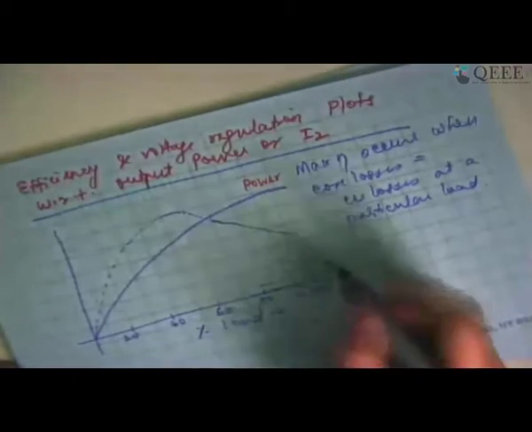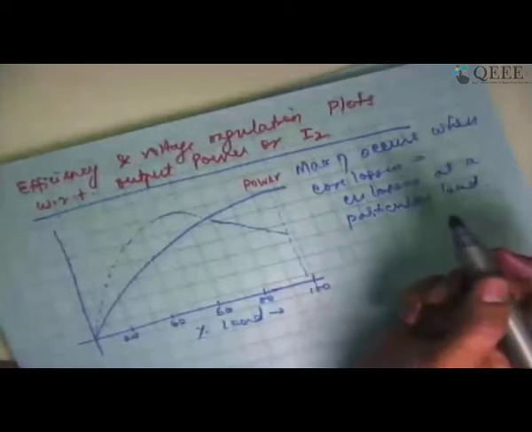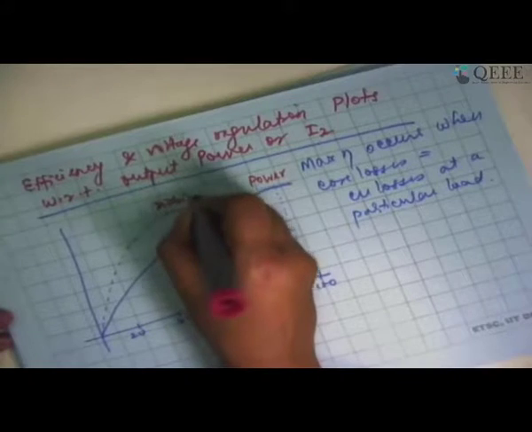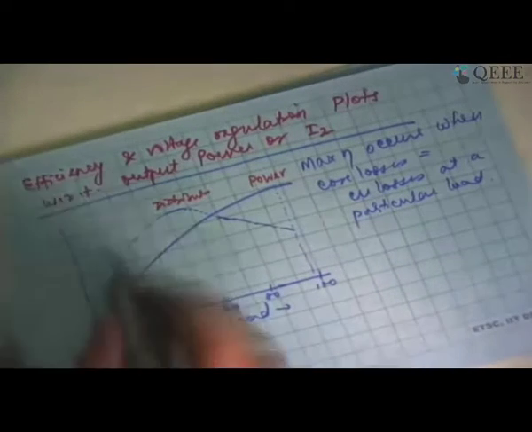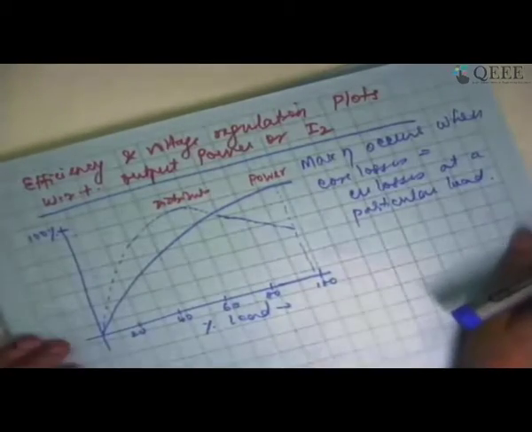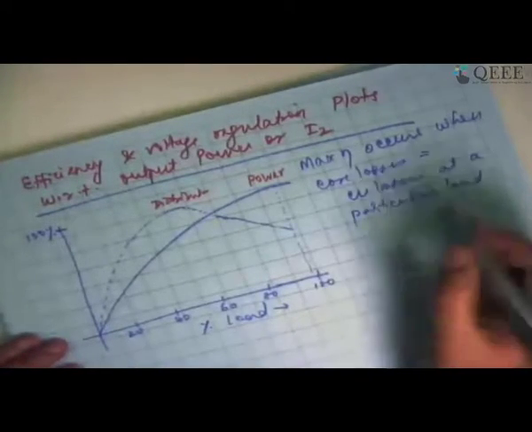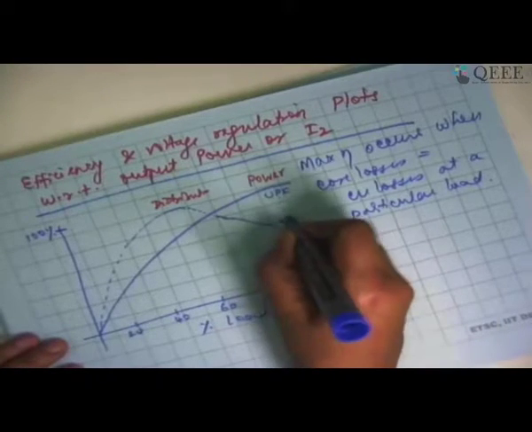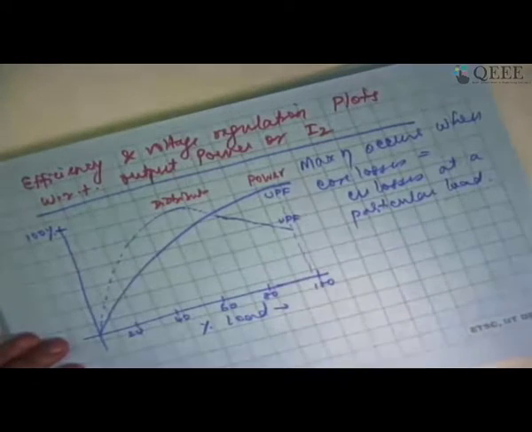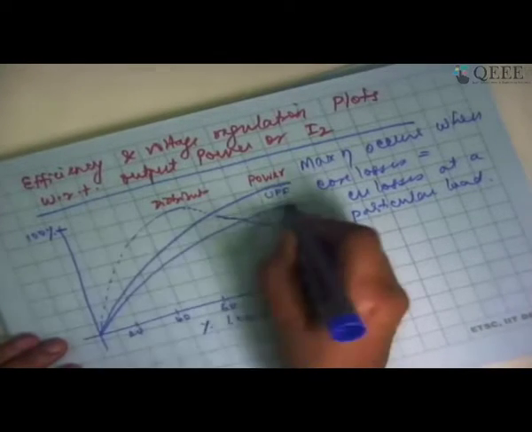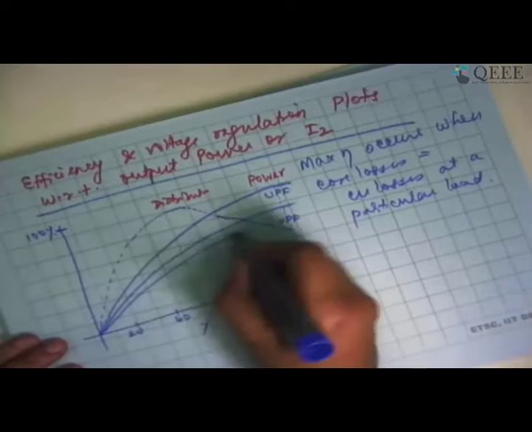It depends, again, upon the resistance of the winding. So this is going to be for a distribution transformer. My 100% might lie somewhere here. Obviously, it will not touch 100%. It will be slightly less than 100%. And these are all for unity power factor load. If the power factor is lower, then I'm going to have lower and lower values of efficiency.